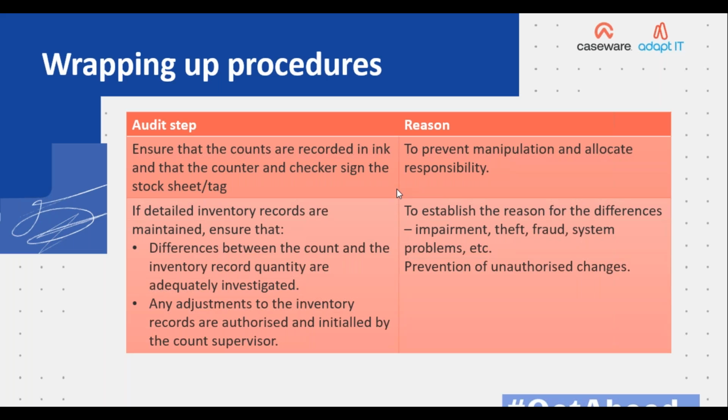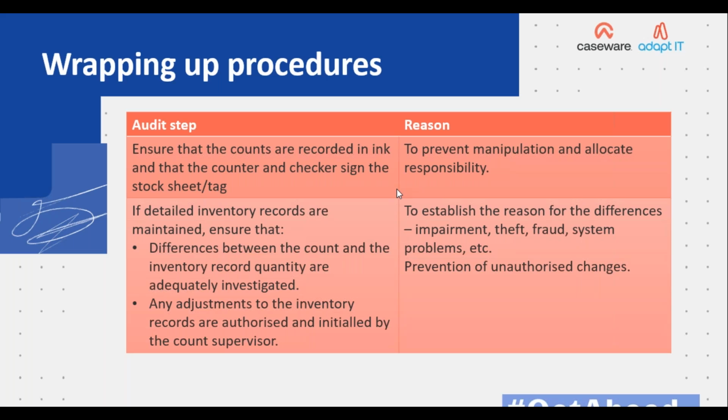The audit step, the first one, is to ensure that the accounts are recorded in ink and that the counter and the checker sign the stock sheet or the tag. The reason is to prevent manipulation of the stock or the inventory, and of course to allocate the responsibility.